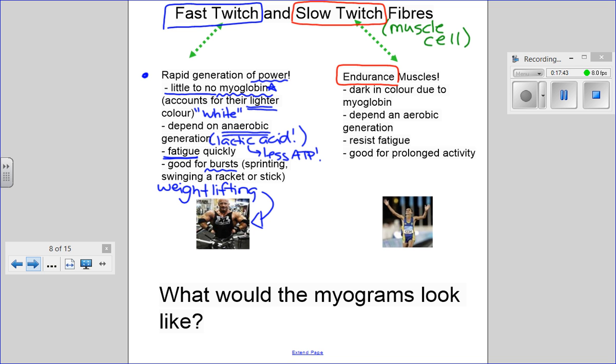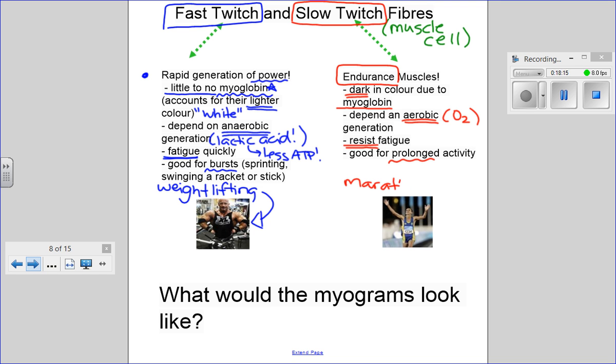Now, as opposed to my fast twitch muscle fibers, they are dark because they have lots of myoglobin. They depend on aerobic generation, because since they have lots of myoglobin, they have lots of oxygen. Instead of fatiguing quickly, they resist fatigue, and they're good for anything that is prolonged.